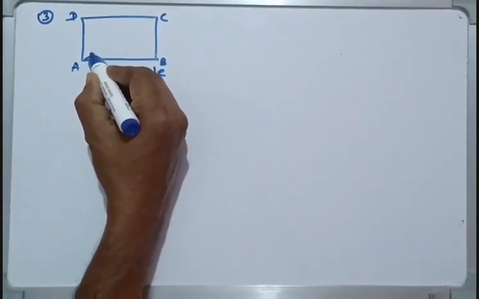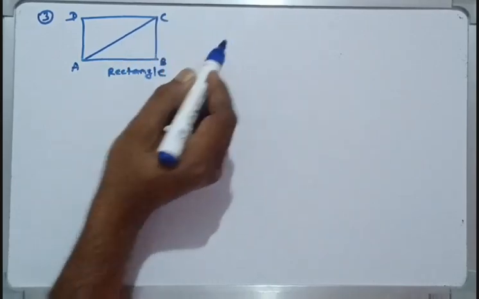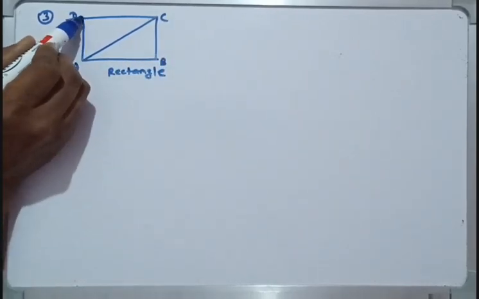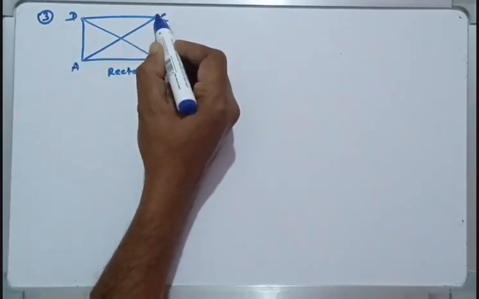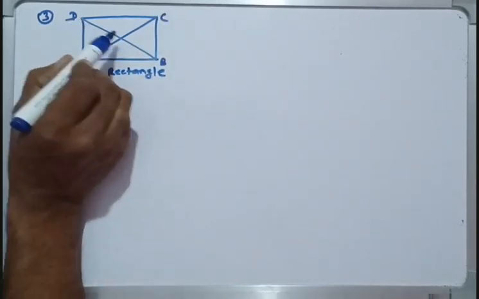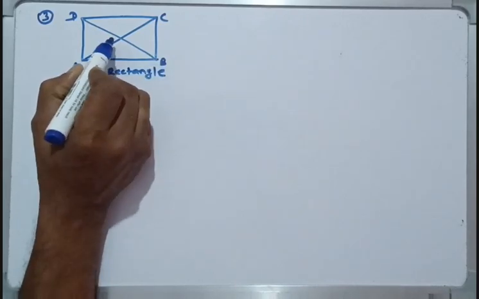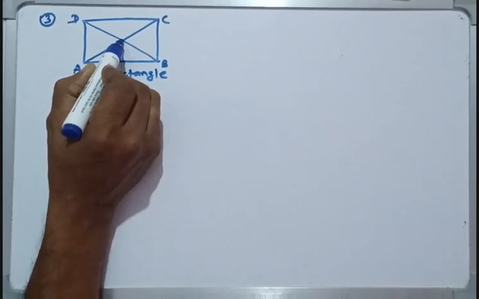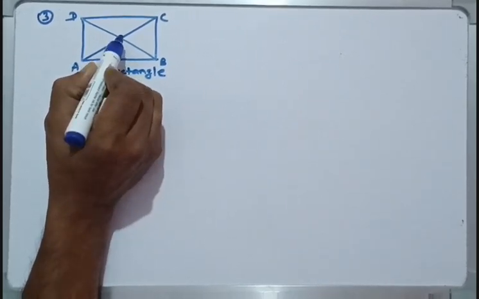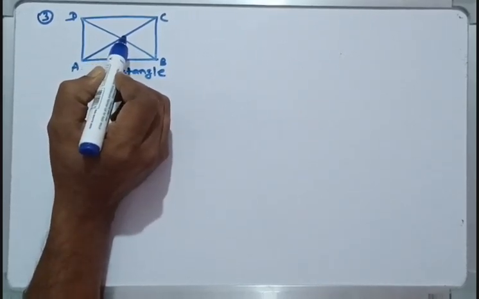When we join vertex A to C and vertex D to B, diagonal AC cuts the diagonal DB at this point. Okay, so this point is the center of the rectangle here guys.